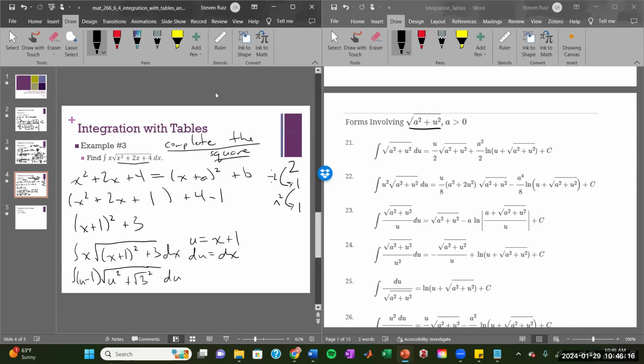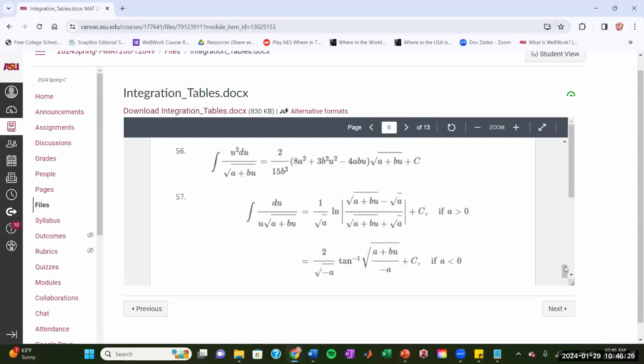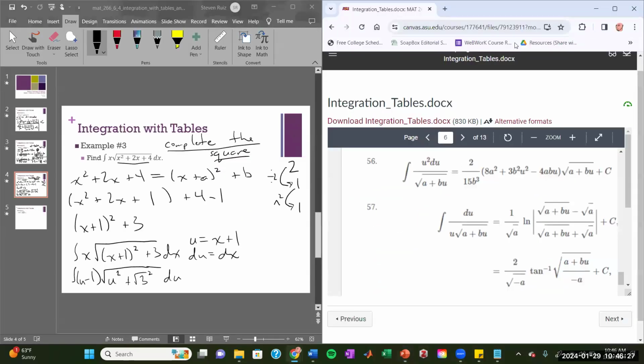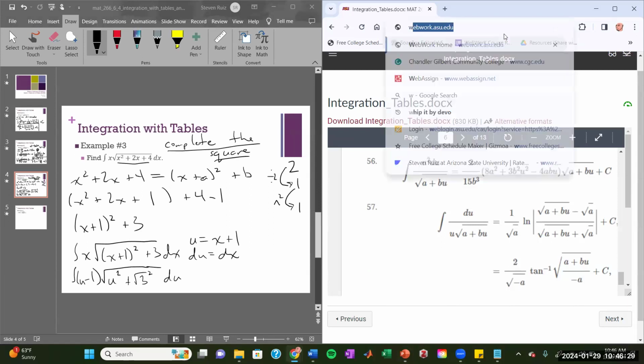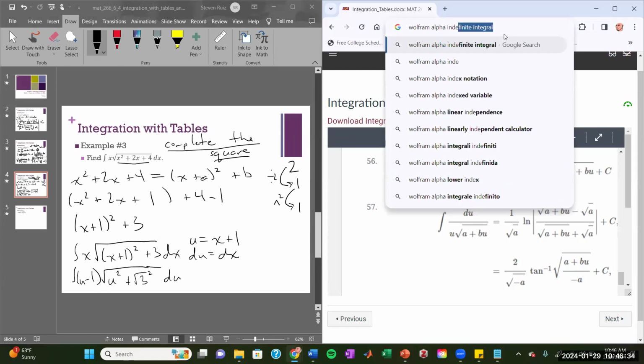So let's do this. This would be a good time for me to show you one of those online calculators. The good news is there's a ton of these. So let me search Wolfram Alpha indefinite integral.